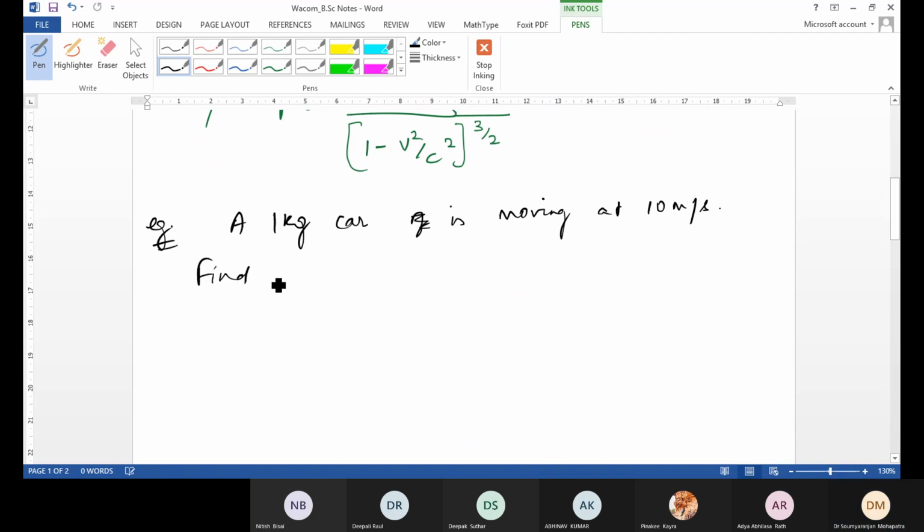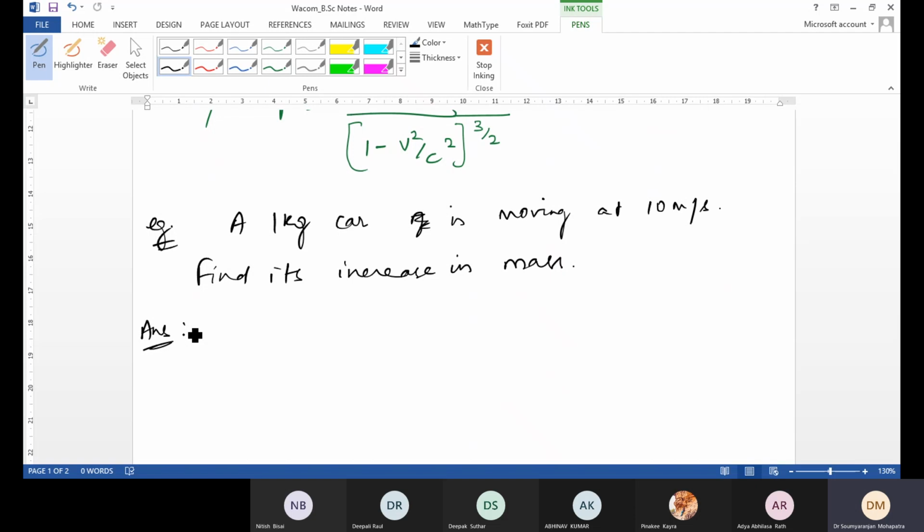Find its increase in mass. Take 5 minutes, after that I'll discuss this one. Try to understand the question.